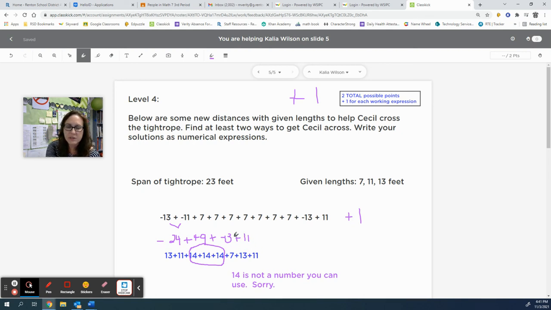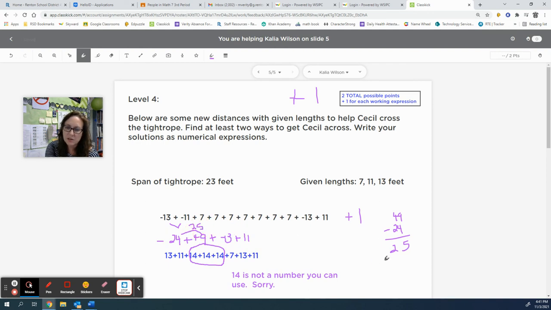Okay, so if I were to simplify this even more, negative 24 plus 49, I'm going to find out what 49 minus 24 is, and that puts us at 25. There's more positive than negative, so that puts us at 25 plus negative 13.